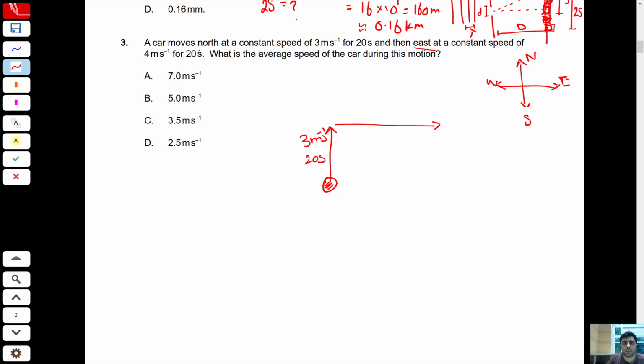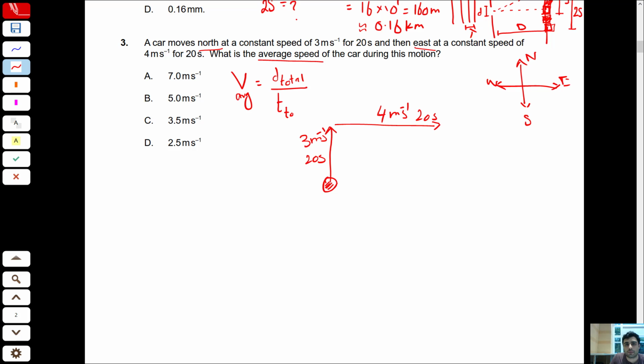So east and north, and then it travels at 4 meters per second for 20 seconds. Okay, what is the average speed? So we have speed, and we need to find the average speed. The formula is average speed is equal to total distance over total time.